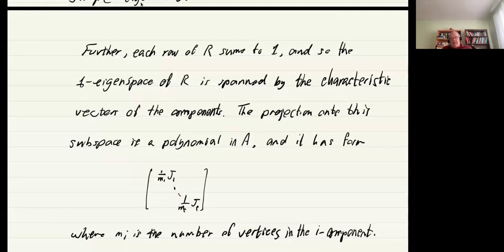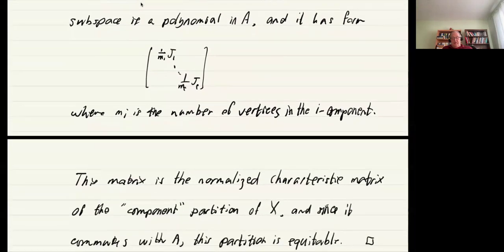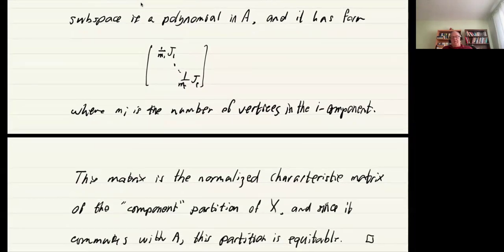So that means that the projection on the subspace is going to be block diagonal, and each block is a scaled multiple of J. This is the normalized characteristic matrix of the component partition.